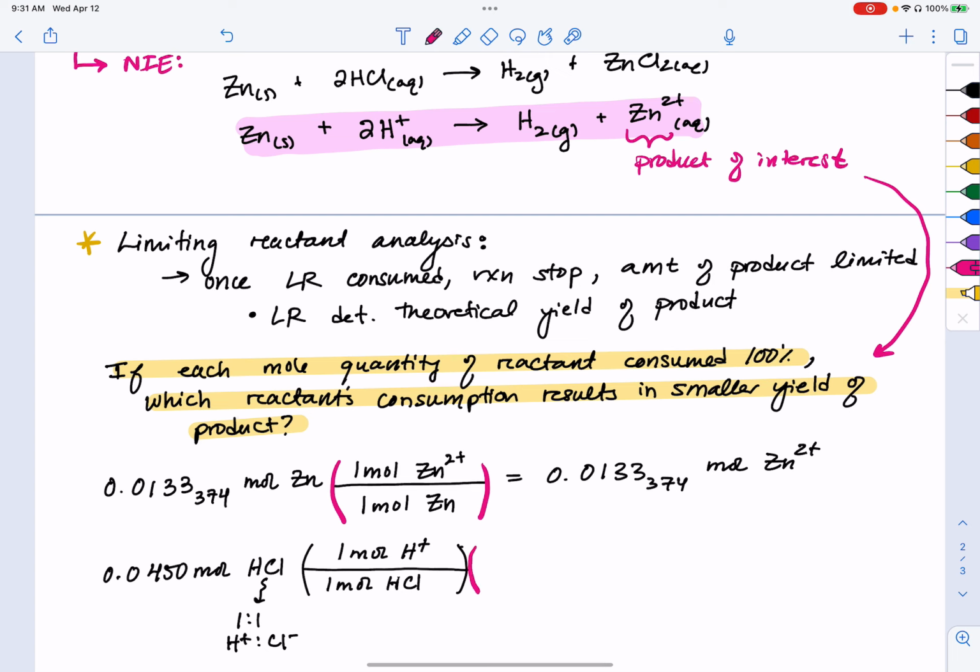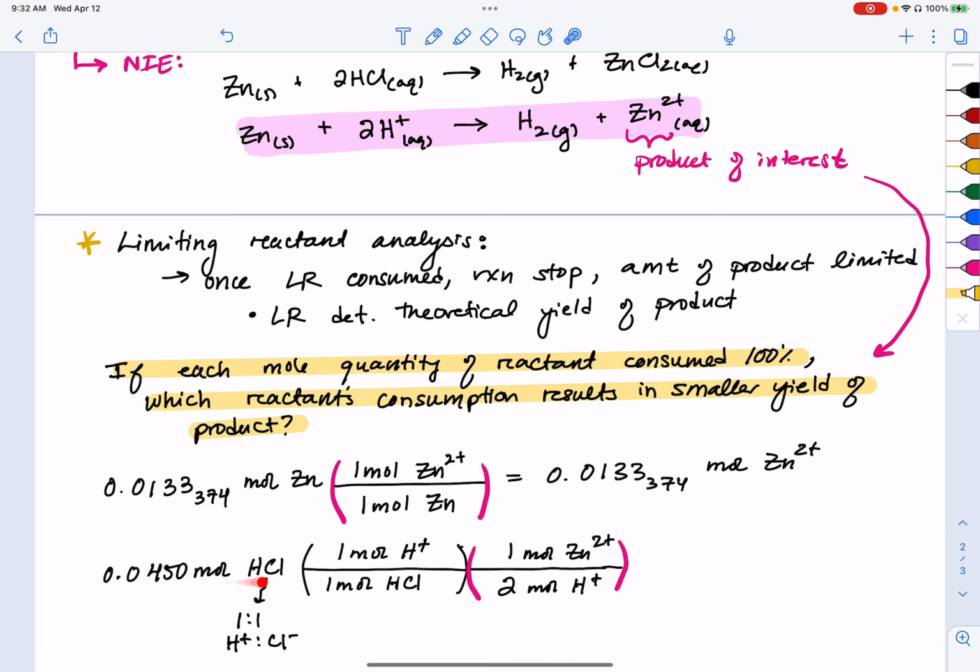And now that I am looking at the actual reactant that is used according to my net ionic equation, I can use my mole ratio, which tells me the proportion in which hydrogen ion and zinc ion are reacted and made. So according to my balanced net ionic equation, there are 2 moles of hydrogen ion reacted for every 1 mole of zinc ion produced.